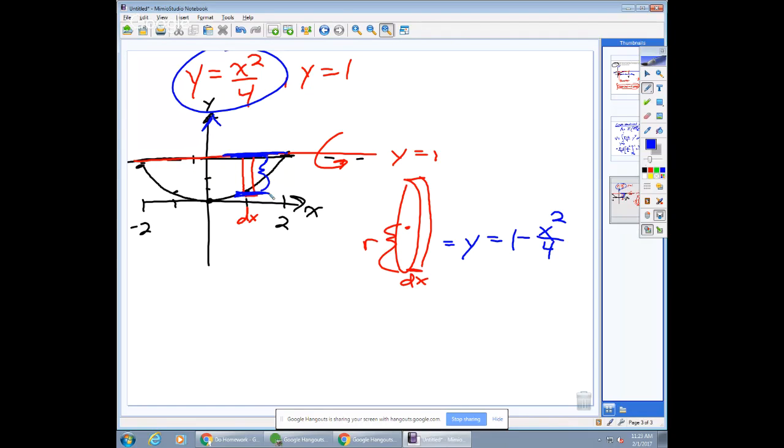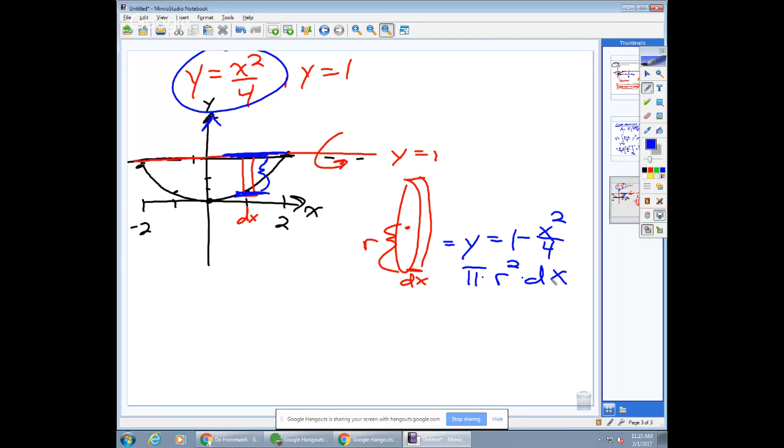Okay, so we got that, and then what do we do with it? Well, once I have the radius, to get a disk or a little thin cylinder like that, it's just pi times the radius squared times the thickness of the cylinder, dx.